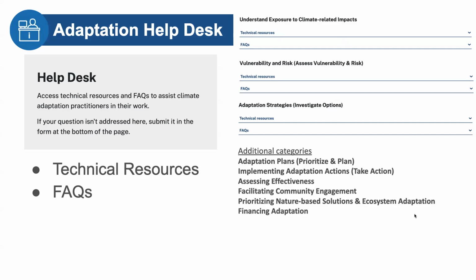If you're familiar at all with the Steps to Resilience framework developed by NOAA, these major headings reflect those major areas of adaptation practice. So we're really trying to encapsulate different components of the adaptation planning and implementation pathway to provide support in those areas. Next slide.